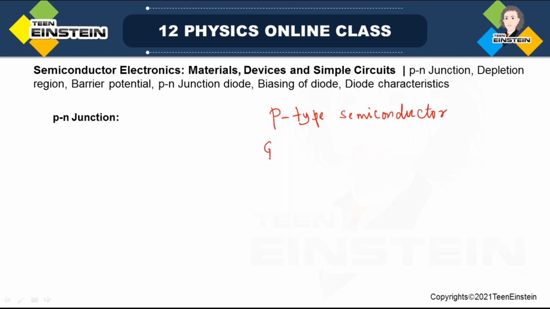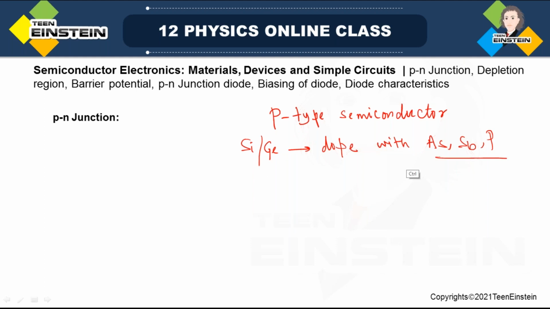We have already learned that if you have a germanium crystal or silicon crystal, and you dope it with a pentavalent atom like arsenic, antimony, phosphorus, you get n-type semiconductor.